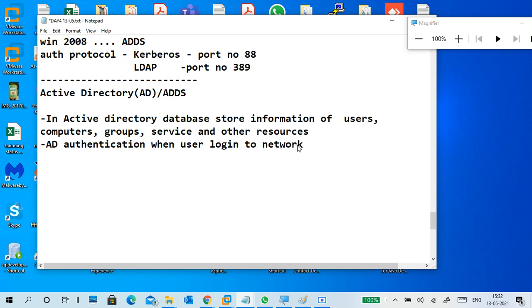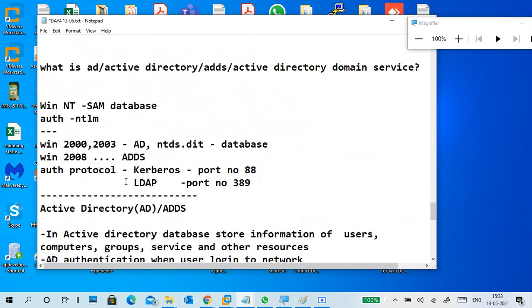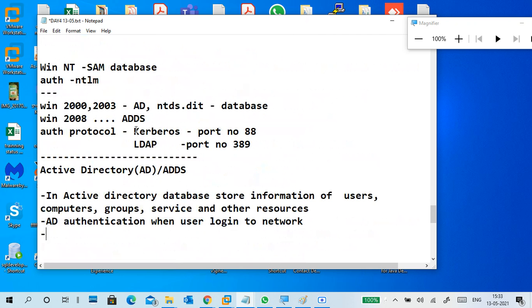It means a user is logging in to a computer, or a user is trying to access a printer, a shared folder, or remote desktop. Every time, Active Directory authenticates a user and also provides authorization of the user. So Active Directory does authentication and authorization when a user logs into the network. And I already gave this important point: the authentication protocol is Kerberos, port number 88.